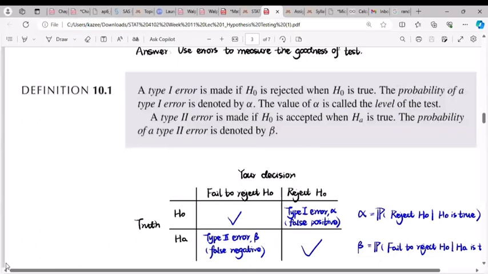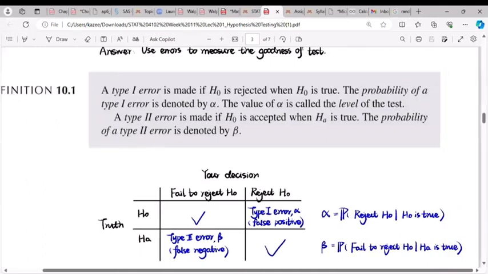That's an error committed by the court. An innocent person that did not commit the offense may be convicted, and somebody who committed the offense may be discharged and acquitted. That's an error. So we can't do without making error. That is the reason why I want to walk you through two types of errors in research: type 1 error and type 2 error.